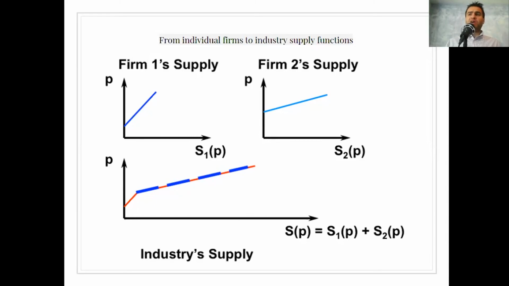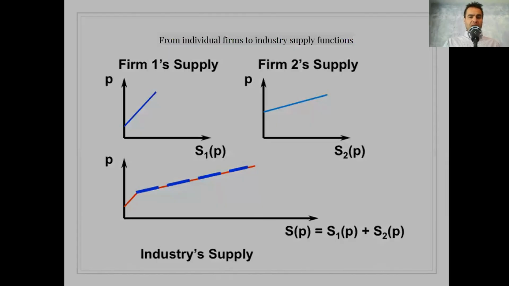But this is how you get the industry supply curve. In the same way that we did the aggregated demand curve, we can find the industry supply curve through the horizontal sum of the individual supply curves.